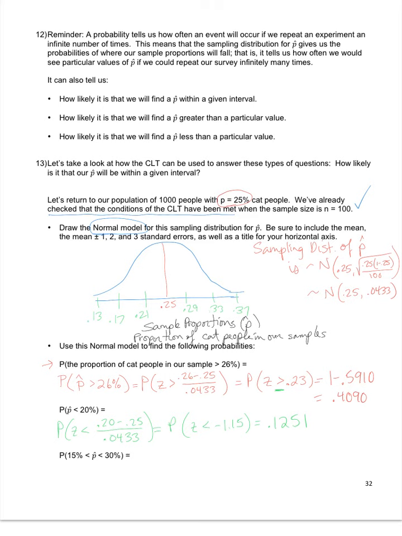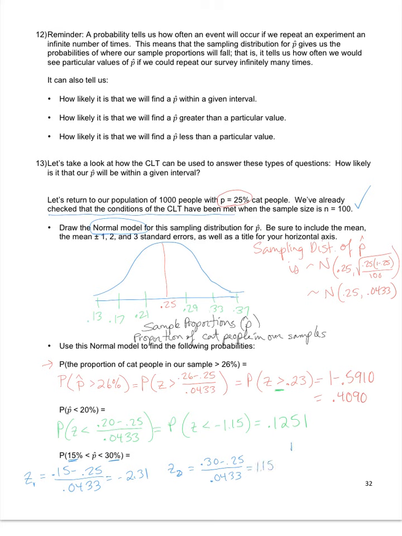And then the last one. We don't have either of these values standardized, so I'm going to do that first. Call this the first z-score. And notice I'm putting these in decimal form because our mean and our standard error are in decimal form. That first proportion corresponds to a z-score of negative 2.31. Our second z-score, so I'll put a 2 there for the second one, it's going to be 0.3 minus 0.25 divided by 0.0433, and that's a z-score of 1.15.